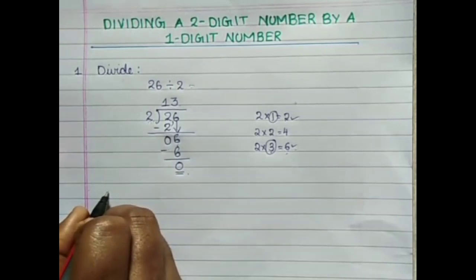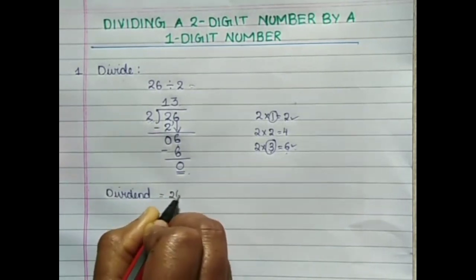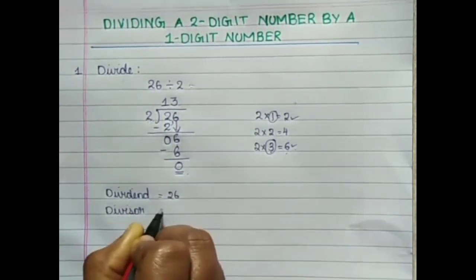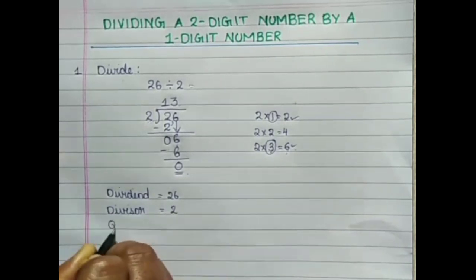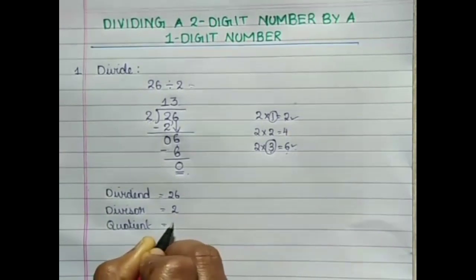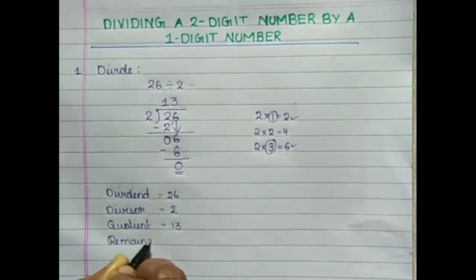So we can write the dividend equal to 26, divisor equal to 2, quotient equal to 13 and remainder equal to, yes, 0.